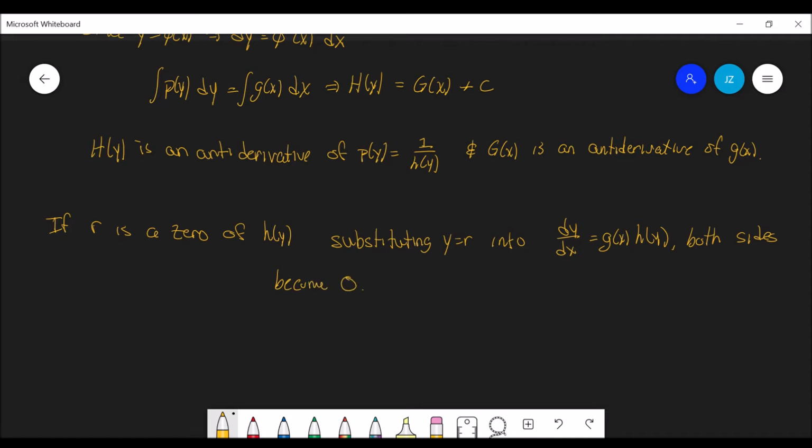This means that y equals r is a solution. However, dy over h of y becomes undefined at y equals r. And so we may not actually get y equals r as a solution when we do the above method. So it's important that whenever you do separation of variables, you check when your h of y is 0 and make sure that you include those as a solution.